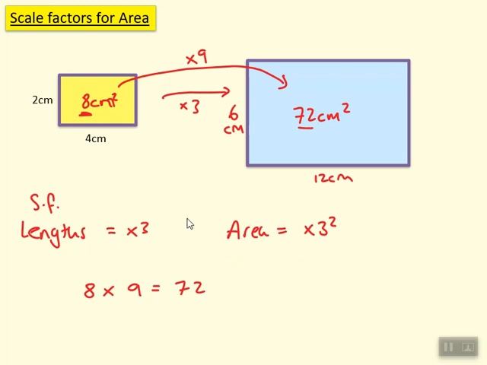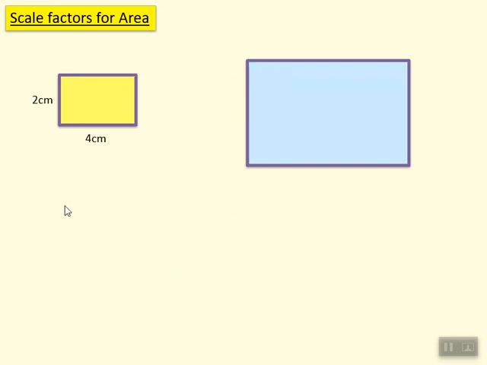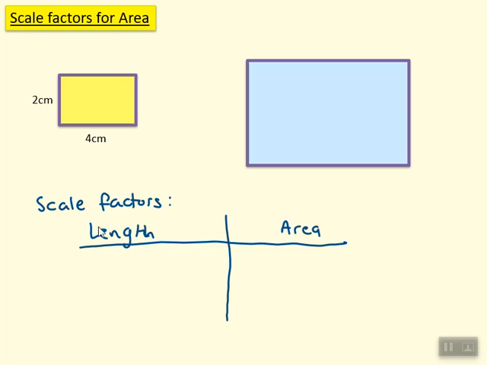Let me just summarize that real quick for areas. I've just drawn a little table here to summarize this. If the scale factor for any length was 3, then the area would be multiplied by 3 squared, which is 9.